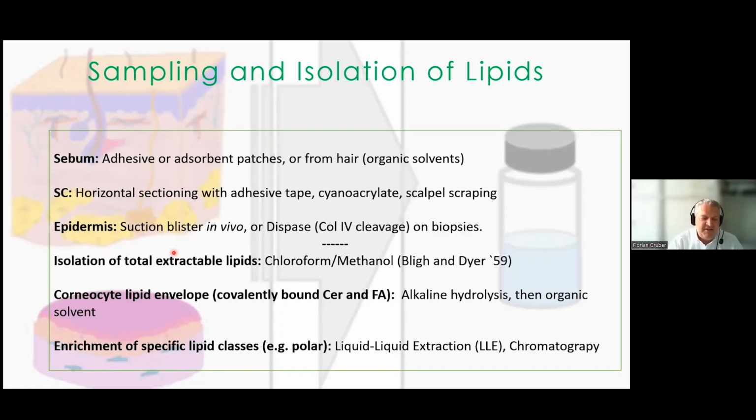After this initial extraction, one can apply chromatographic separation or liquid-liquid extraction methods to enrich specific lipid classes. For example, we have done that in our laboratory: lipid extraction with hexane and acidic methanol can effectively enrich polar lipids, for example phospholipids of all classes, from cultured cells.